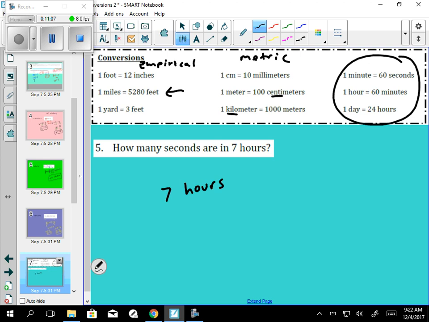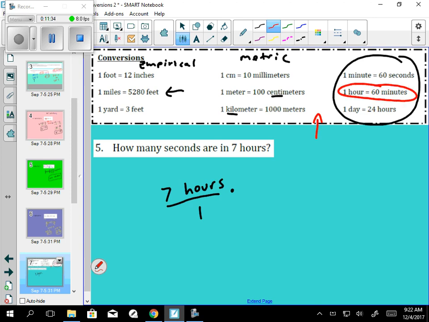So this first thing, 7 hours, it's not like 7 hours over anything, so you can just always put it over 1. Now everything after this first thing should be a conversion. So everything else we're going to multiply by should be one of these things up here. If we're going to go from hours to seconds, we're probably going to have to go through minutes first to get there.